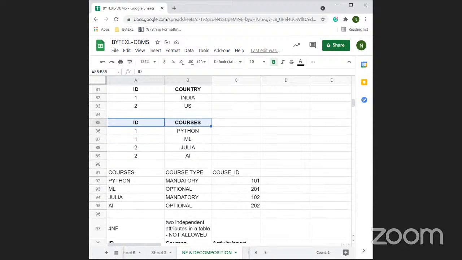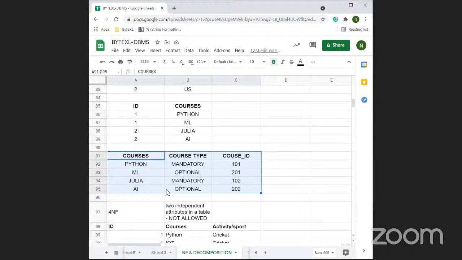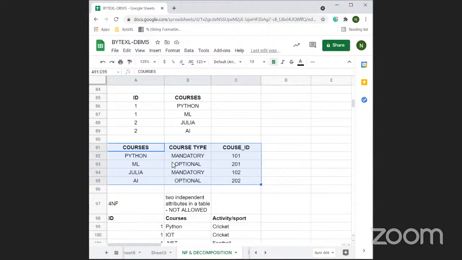Now, based on the courses the person is taking, if you want to find out more details about that course, whether it is mandatory, this example is given from the perspective that generally in any university you will have optional courses and mandatory courses. So we are dividing the table into three.